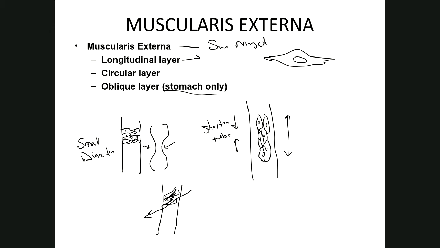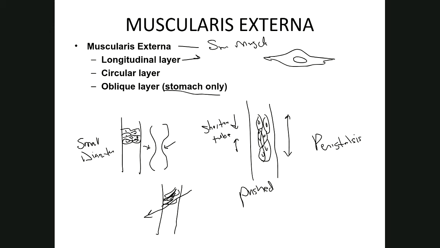And so what this does is it allows food to be pushed along. So we can move it from one end of the tube to the other. There's a name for that. It's called peristalsis. So peristalsis is pushing the food around. So we can push it from the mouth through the esophagus down to the stomach and so on.